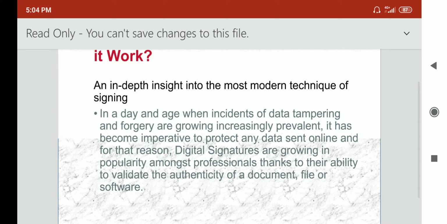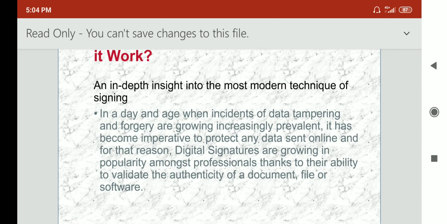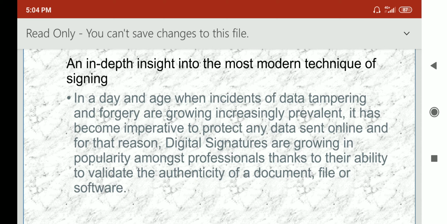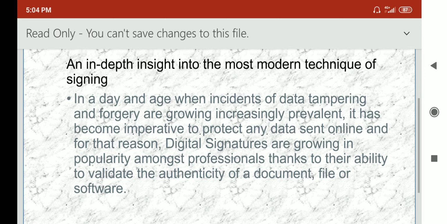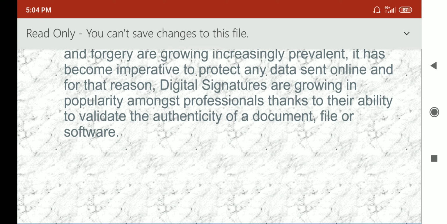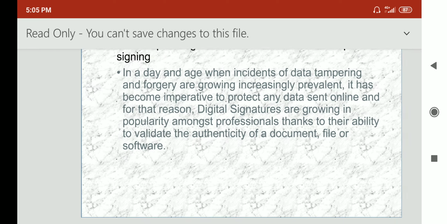In an age when incidents of data tampering and forgery are increasingly prevalent, it has become imperative to protect any data sent online, and for that reason, digital signatures are growing in popularity amongst professionals thanks to their ability to validate the authenticity of a document, file, or software.